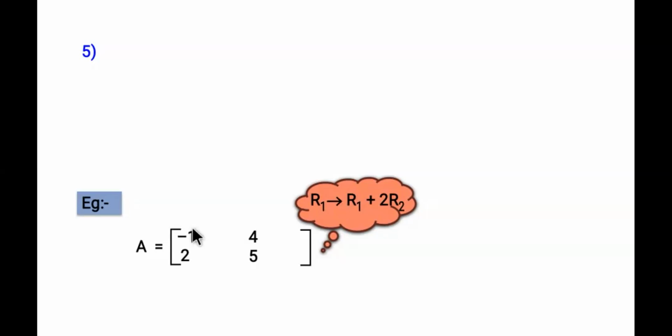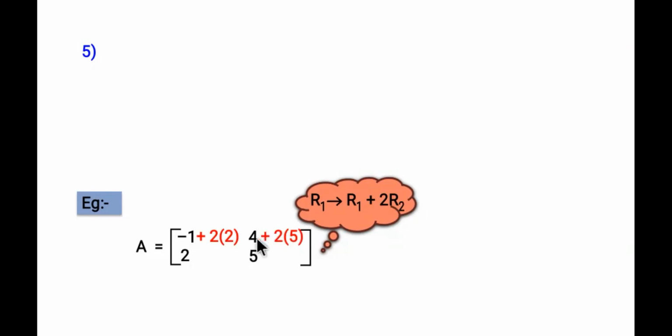So minus 1 plus 2 times the R2 element. Now what is the R2 element? See over here, your corresponding element is 2, so I've written 2 in the bracket. This way you're going to apply the operation. Similarly you're going to apply the same operation to 4 as well, because it belongs to your first row.